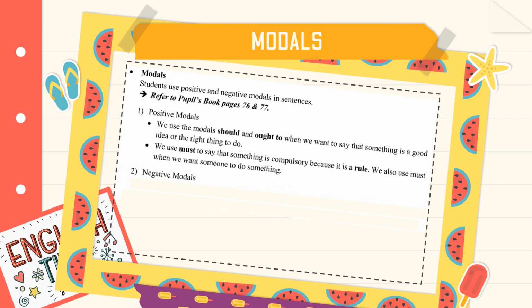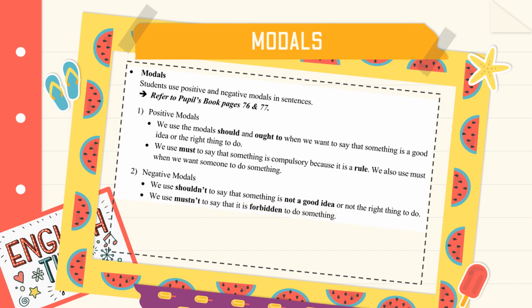And negative modals. We use shouldn't to say that something is not a good idea or not the right thing to do. Okay? But we use mustn't to say that it is forbidden to do something. There is a clear rule about it. It is forbidden to do something. Okay?